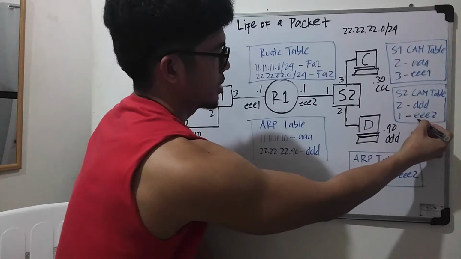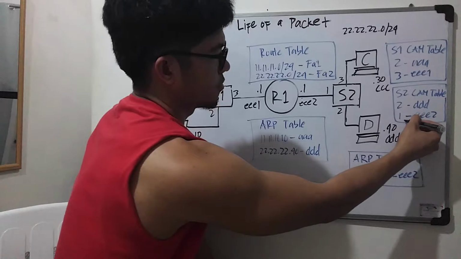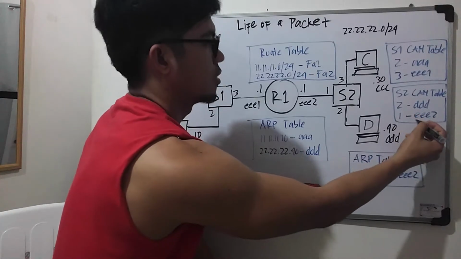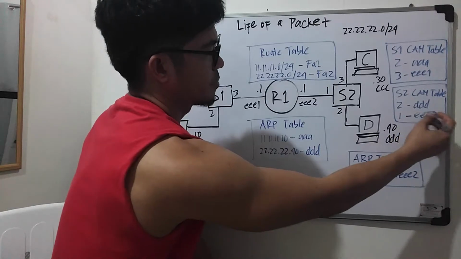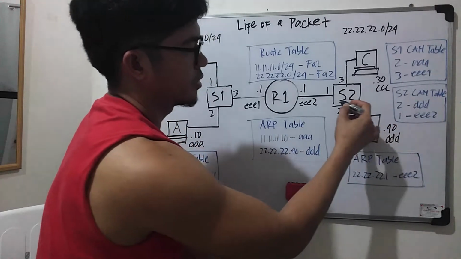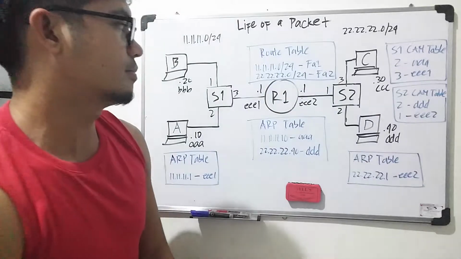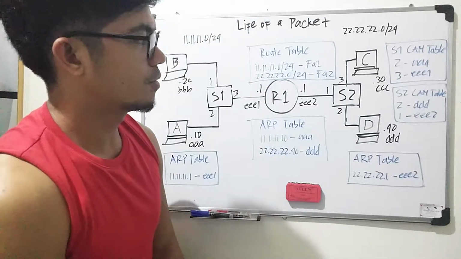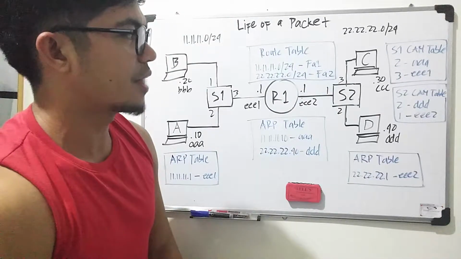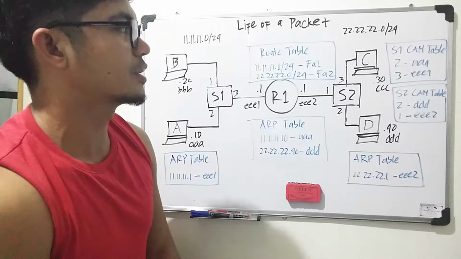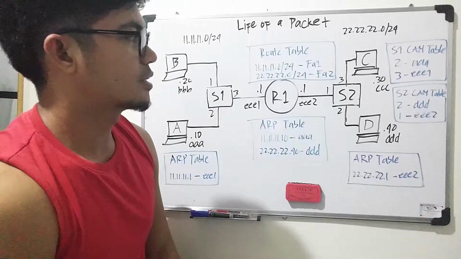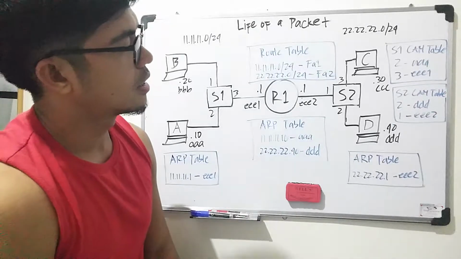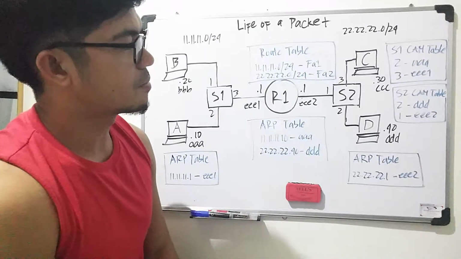So basically, router 1's MAC address and switch 2 port 1. So this mapping here, and of course it's an ARP broadcast. So switch 2 will flood the frame to all its ports except the port that the frame came in on.